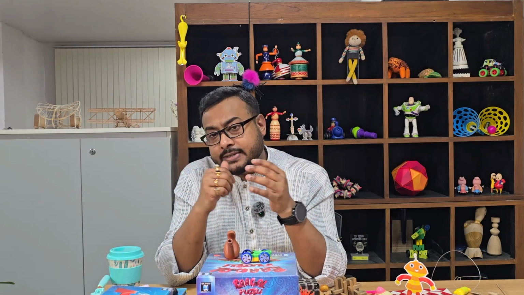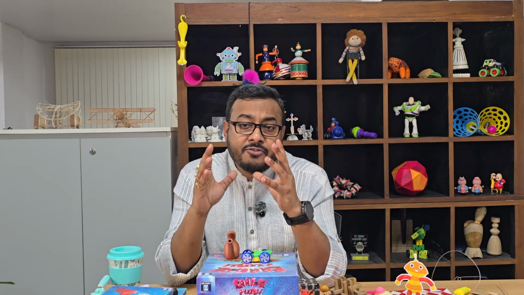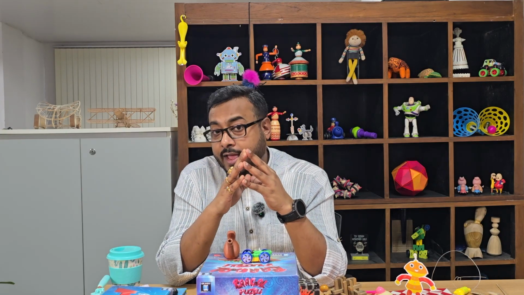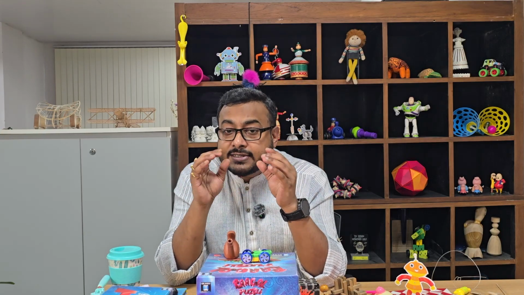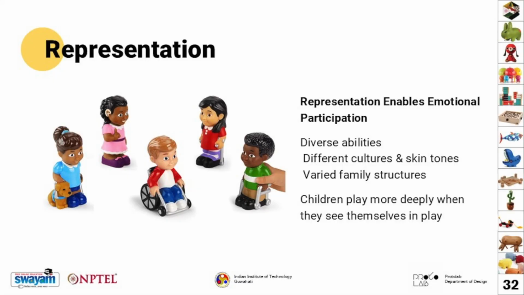This often happens through representation. If every character in a toy looks similar, some children become observers rather than participants. Representation is not decoration. It signals permission.